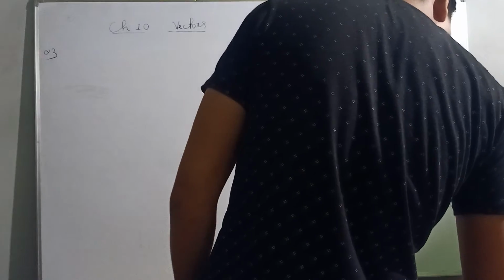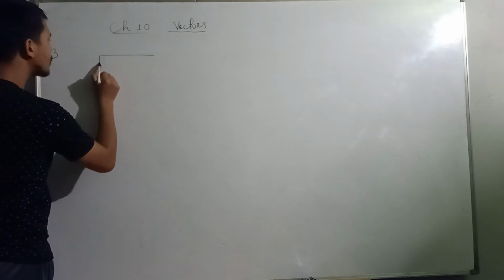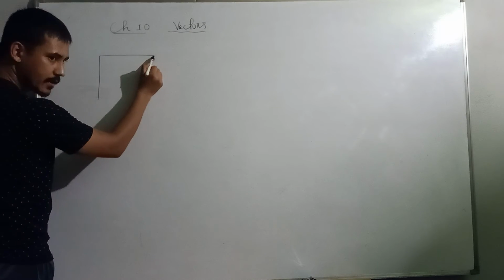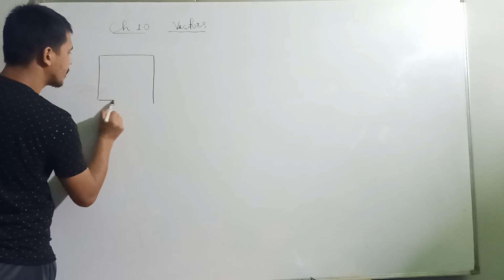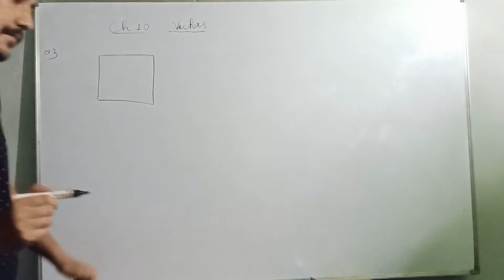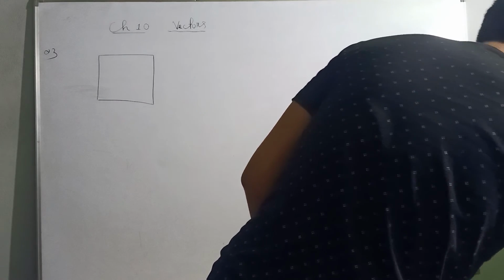In the given figure, you have a square, and the sides of this square are represented by some vectors A, B, C, D. They have a direction as well.